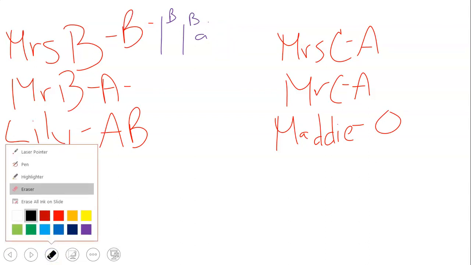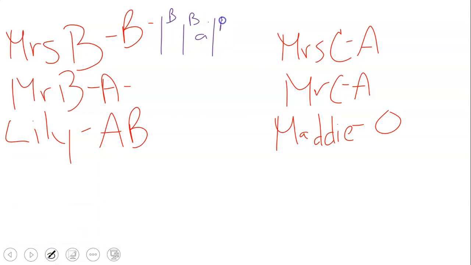Much easier writing on a board. IB, little i. Both of those is going to give you type B. Type A is going to be IA, IA, or IA, little i. And those hold true for both Mrs. Crocker and Mr. Crocker, who are both type A. So this would be their potential as well.